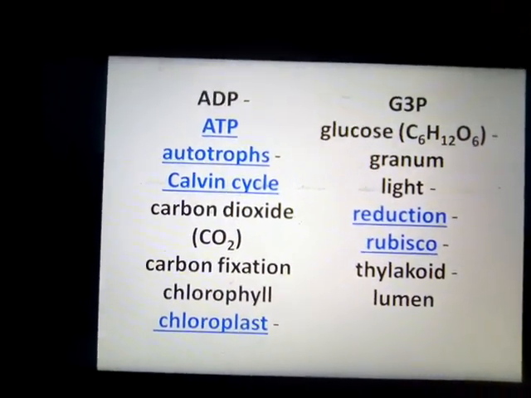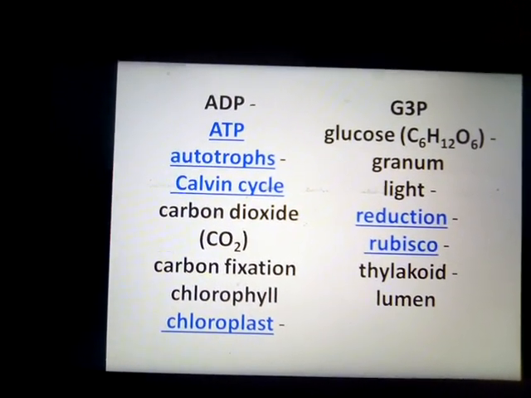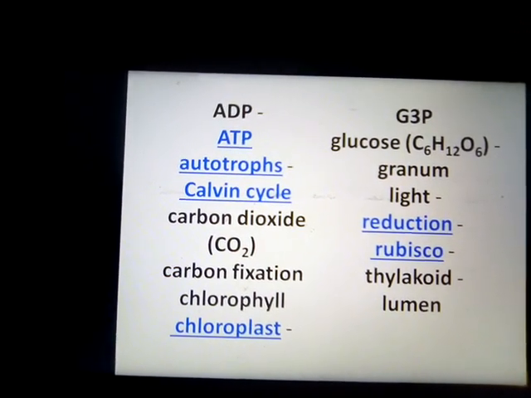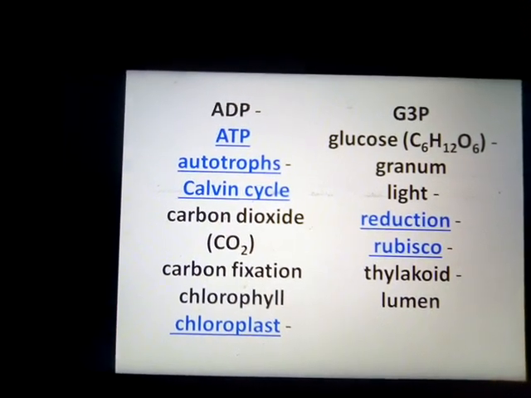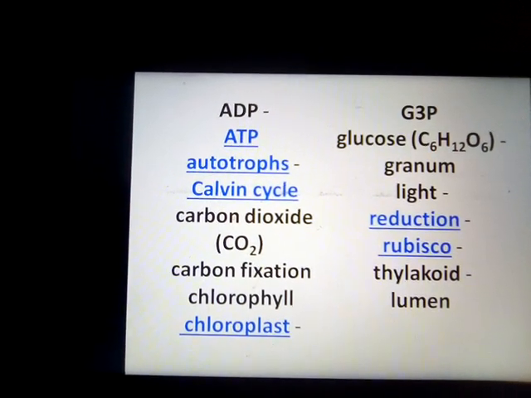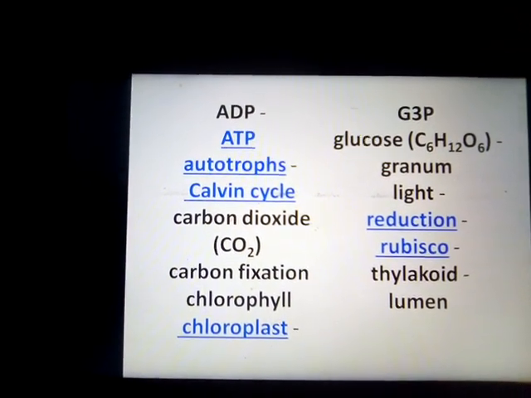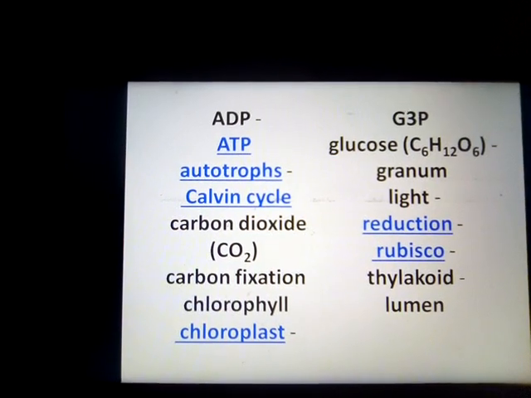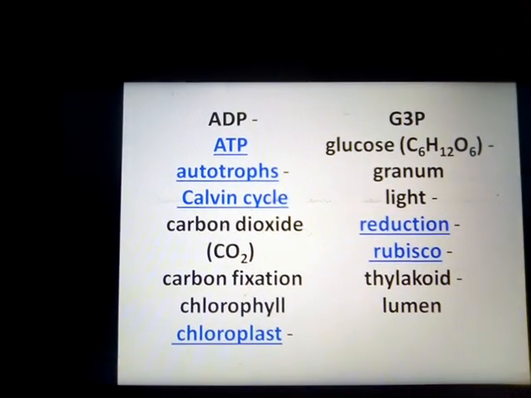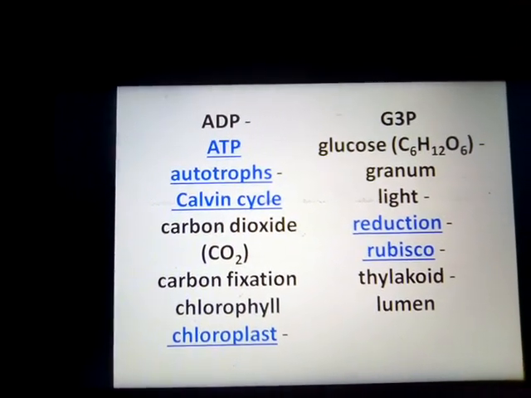The words are ADP, ATP, autotrophs, Calvin cycle, carbon dioxide, carbon fixation, chlorophyll, chloroplast, G3P, glucose, granum, light, reduction, rubisco, thylakoid, lumen.